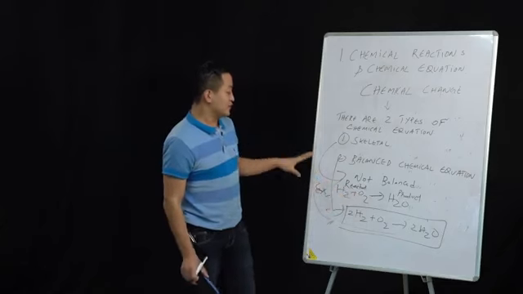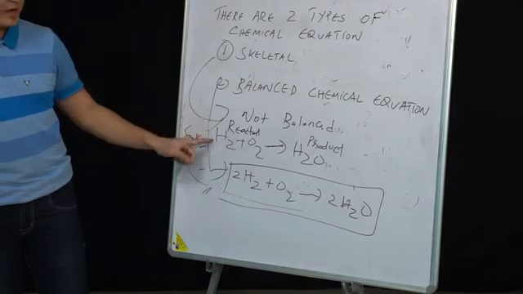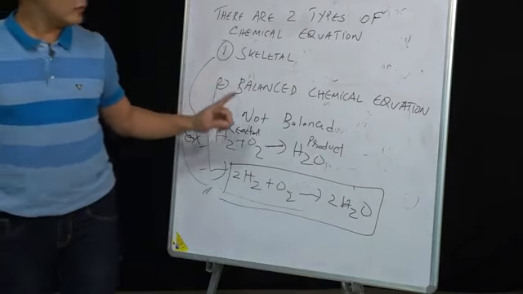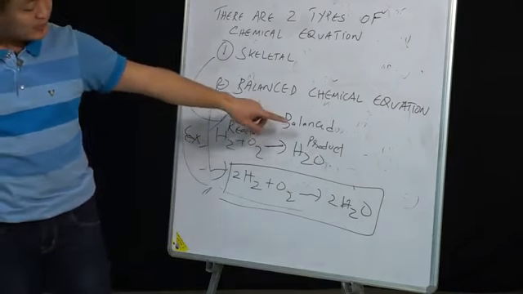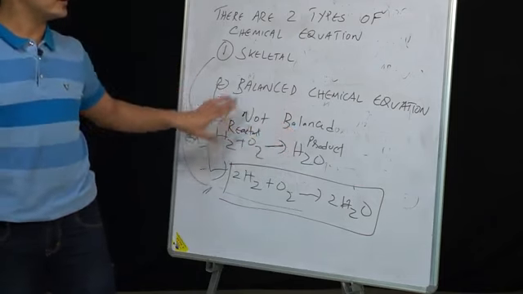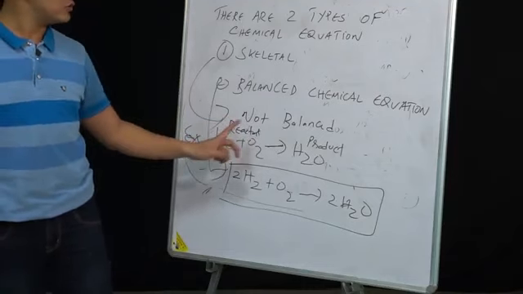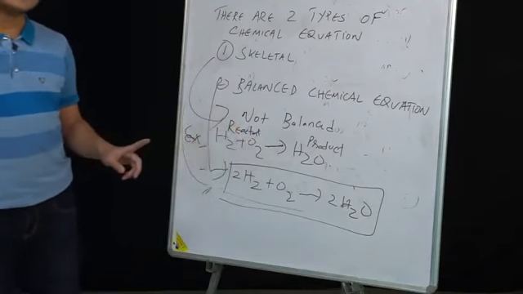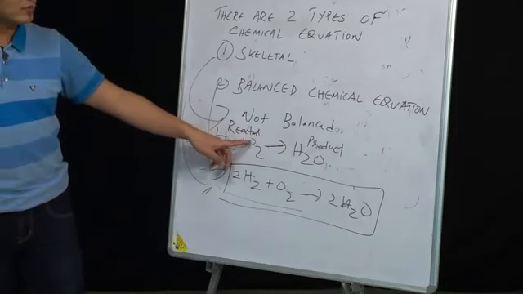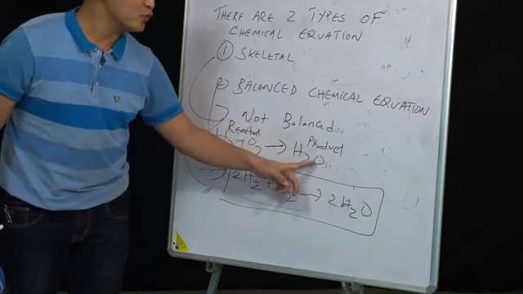Now, in the reactant, let's see how many hydrogen are there? H2. In the product, how many hydrogen are there? 2. That means the hydrogen is equal in both reactant and product: 2, 2, H2, H2. Now let's see oxygen. In the reactant it's O2, but in the product we have only one oxygen.